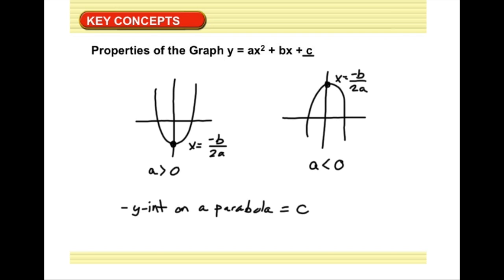So wherever the parabola crosses the y-axis, we actually have a c value. So let's say, for example, my y-axis was here, where my parabola crosses the y-axis. This point, the y value is c. So my coordinate would be x, comma, c. And you could always solve for what that x value would be.